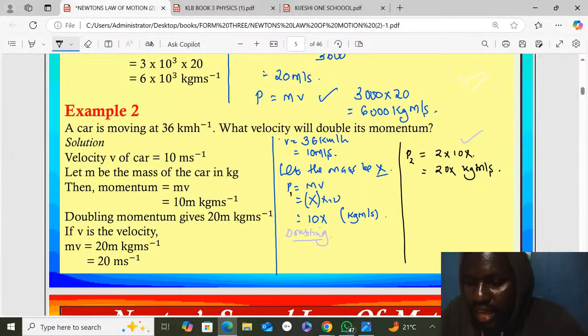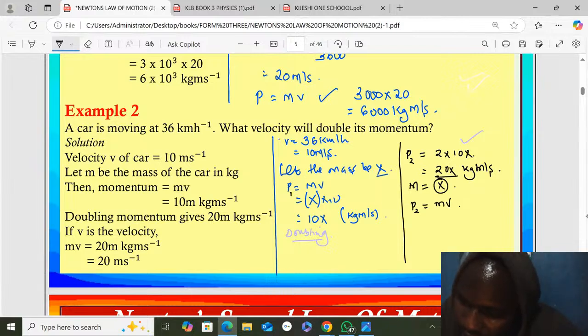Therefore, we are being asked what will be the velocity that will double the momentum. Therefore, our mass still remains to be x. Therefore, say P2 will be given by mv.